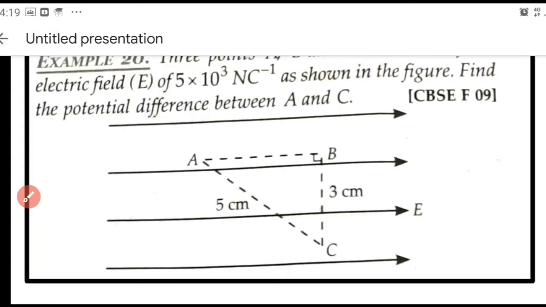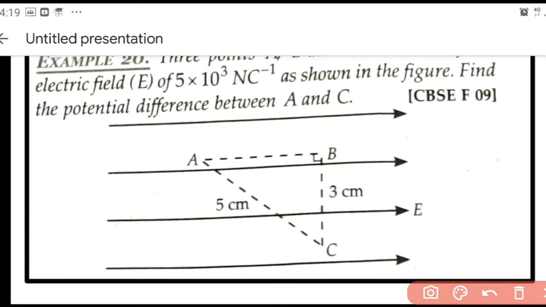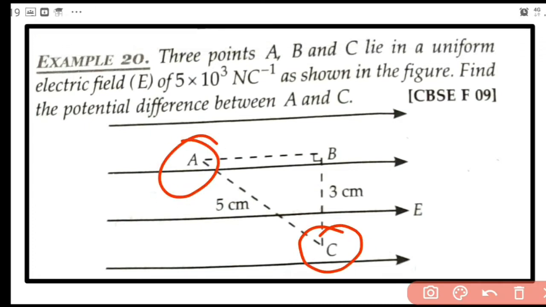Once again we go to that diagram. The potential difference between A and C is what we are supposed to find. That is the same as the potential difference between A and B, because B and C are at the same potential.